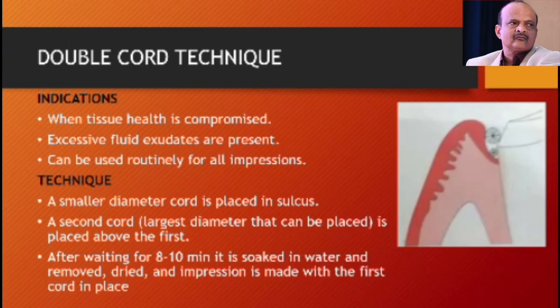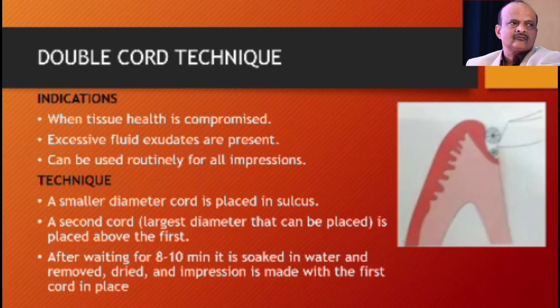The double cord technique is usually used in patients when the tissue health is compromised, excessive fluid exudate is present, and it may be used in a large sulcus, like you can see in this diagram, a triangular sulcus.